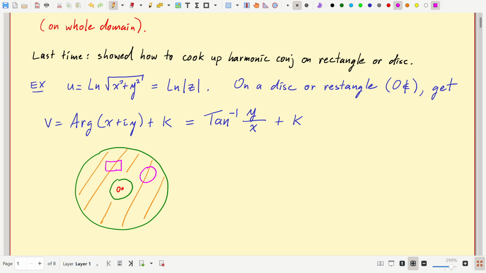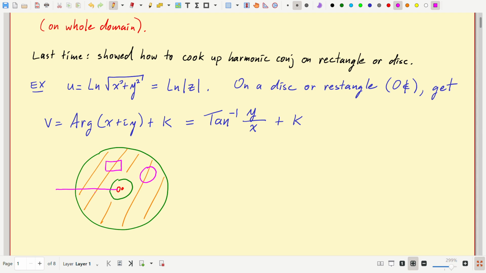And the thing about the principal argument is that it has a jump. And the jump is over here. Remember this branch, did I call that a branch cut? Minus pi and plus pi. You can't decide who wins there. And so the thing has a jump right there.